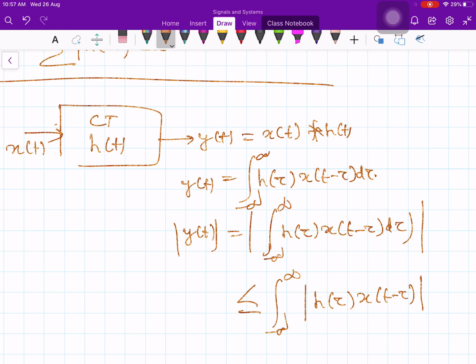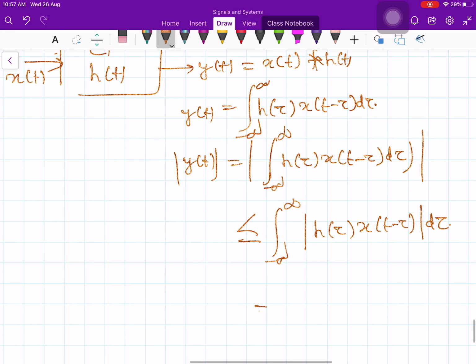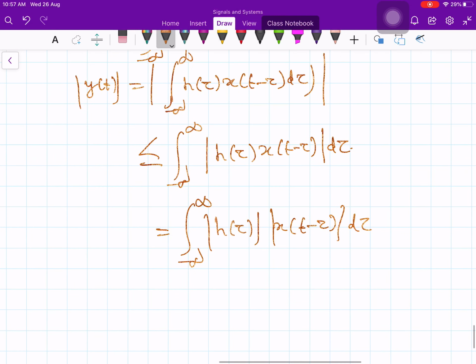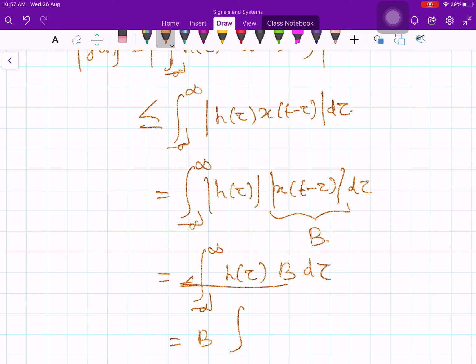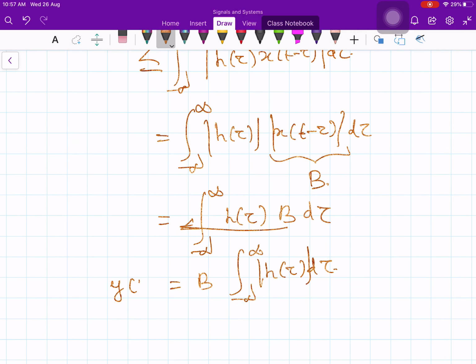And we assume that the input is bounded by some value, let us say B. So the magnitude of h of tau times B d tau, you can pull B out from the integration because it is a constant, a number, an upper bound. Now y of t is bounded like this.